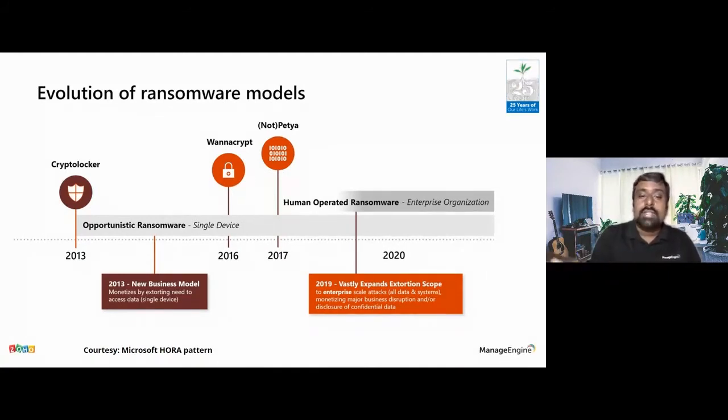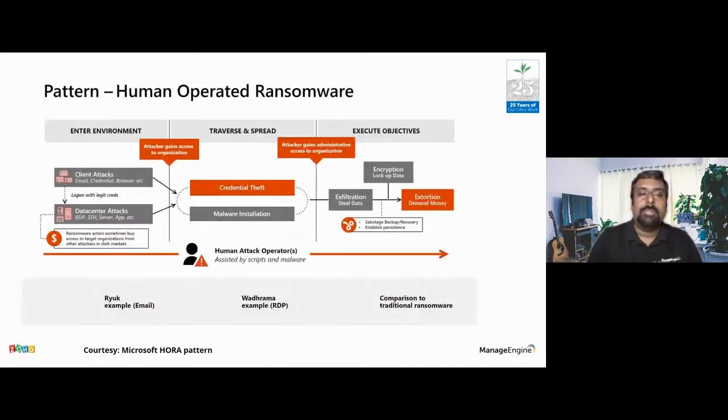Restricting this human operated ransomware has now become a very big challenge, even for big players or bigger endpoint security layers, because of the way these guys operate. Just a small snippet of how they operate.